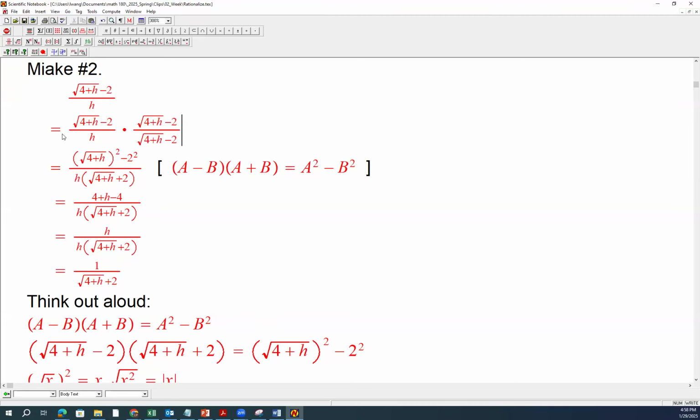So this step is not wrong. This step does not violate any mathematical principle, because anything times 1 stays the same.